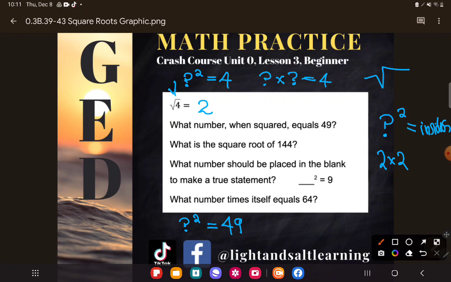It might not look like it, but I'm asking you the square root of 49. That's the math symbol for saying what number when squared equals 49, or what number times itself equals 49. Of course, that's 7. Again, if you memorize these, yay. If you don't, you're going to have to do a little bit of work and try squaring some things. 6 times 6, 7 times 7, 8 times 8, until you find something that equals 49.